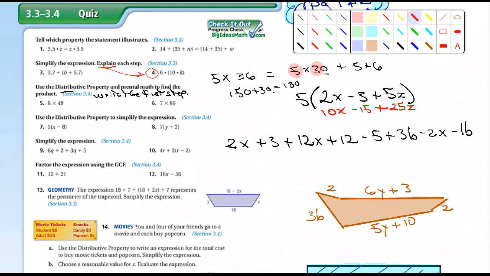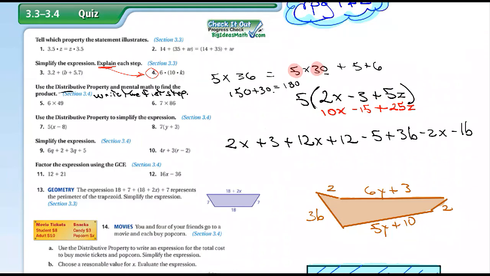So what have we done? We've used the distributive property, and there's still nothing that we can combine, so that's it, we're done. And of course, the 2 that they've given you is a lot easier than the one we just did. Okay, questions on that, anybody? No? Okay, all right.